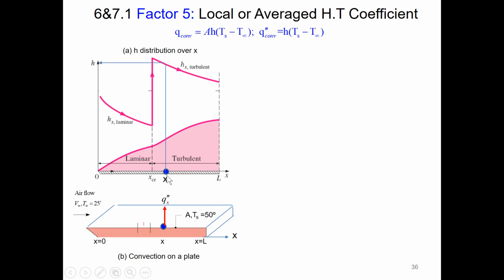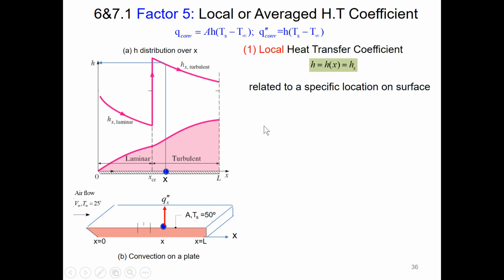If you're interested in the heat transfer coefficient at location X, you will get a specific value of H. Therefore, we need to introduce a new variable, which is local heat transfer coefficient of fluid, Hx.